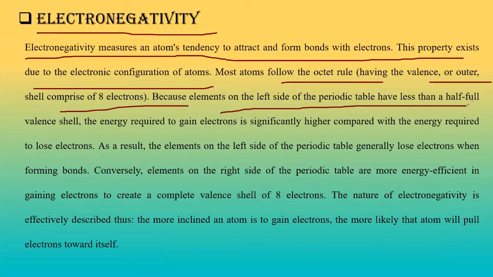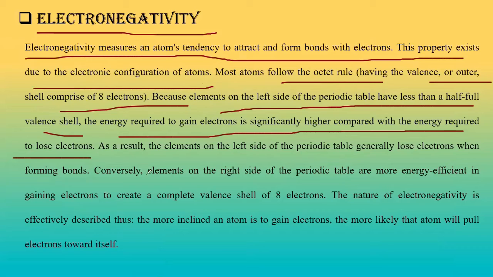Because elements on the left side of the periodic table have less than half full valence shell, the energy required to gain electrons is significantly higher compared to the energy required to lose electrons, right? So for elements on the left side, instead of gaining electrons, let us imagine sodium. It has 3s1, right? Or a better example would be aluminium. Aluminium has 3p1. Just imagine it has 3p1.